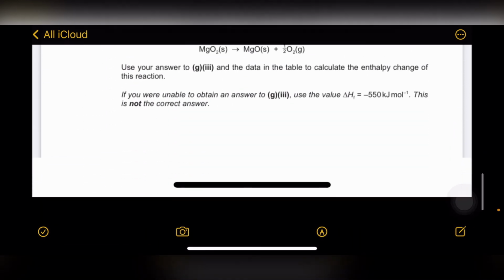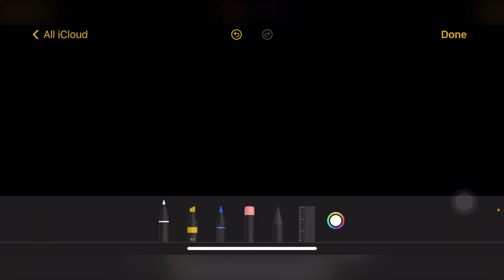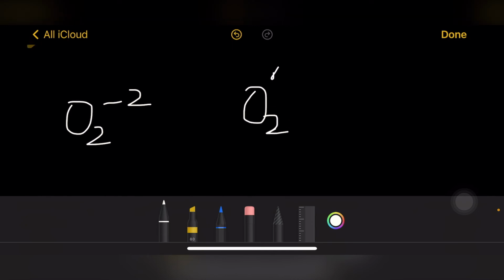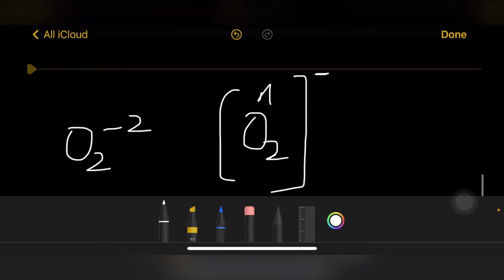Basically what we have to calculate is this x, and the whole sign is minus 2.